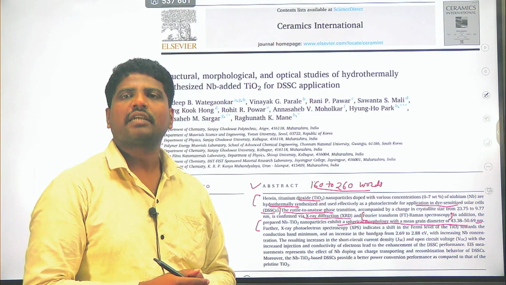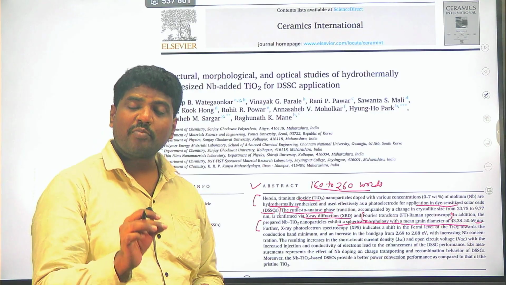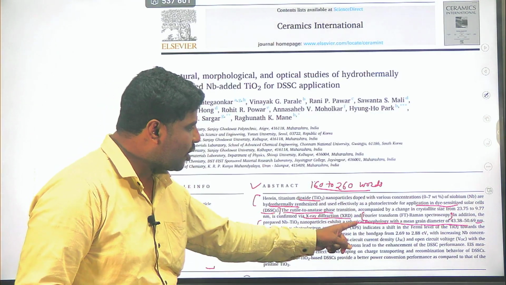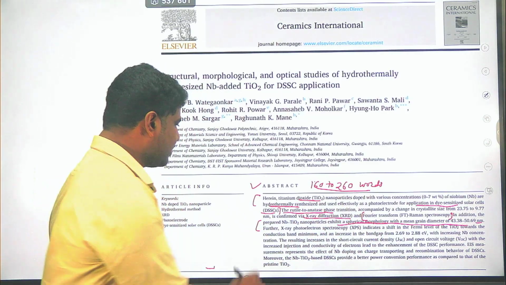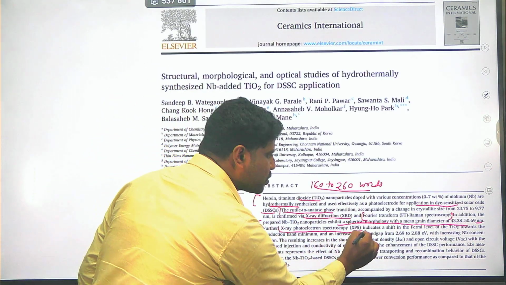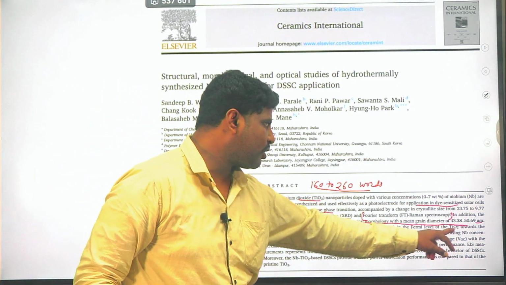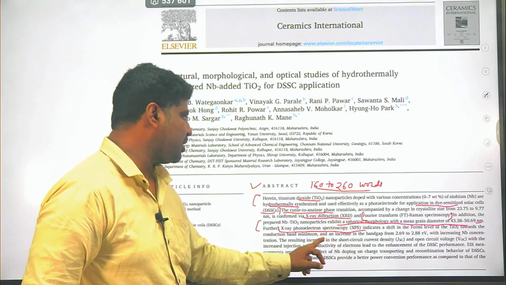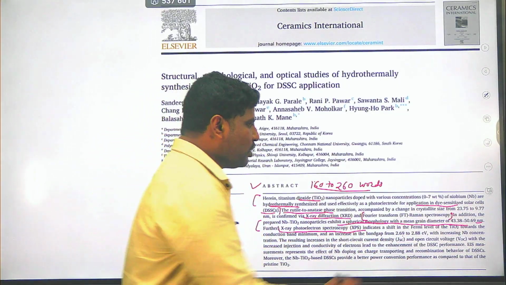Suppose XRD gives a clear idea about the structure, crystallite size, and phases present inside the crystal structure, while another analysis shows the morphology and topographical image of the crystal structure. So each analysis has its own properties, which exhibit the functional characteristics here.